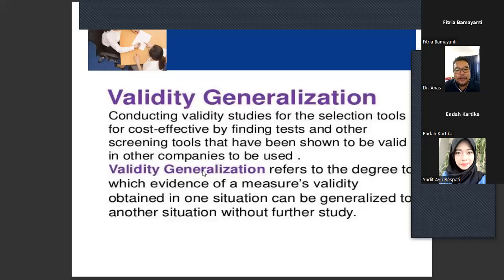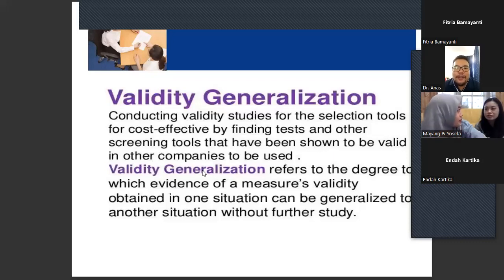I don't know, Rafki, is your personality introvert or extrovert? Or Endah, is your personality introvert or extrovert? Introvert, I think. Okay, do you know what introvert means? Okay, Mayang, are you introvert or extrovert? Extrovert. Yeah, Mayang.